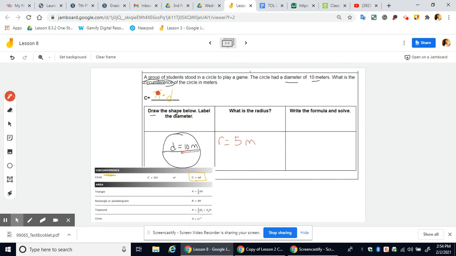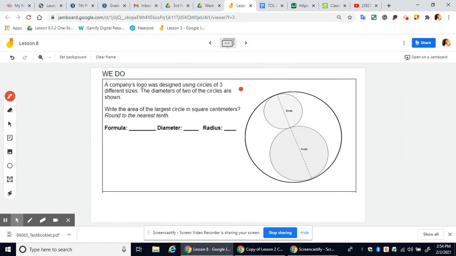So the formula we're going to use is going to be 3.14, which is pi, times the diameter, in this case, which is 10. And if I multiply 3.14 times 10, that's going to give me 31.4 meters, and it's not squared because I'm dealing with the distance around the circle. Okay, 31.4 meters.